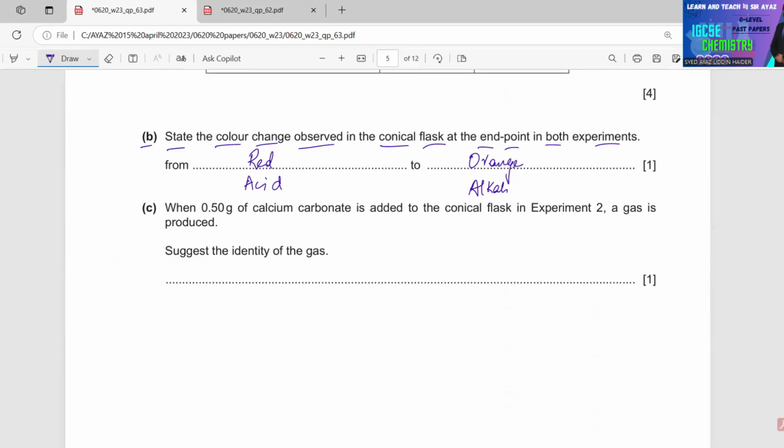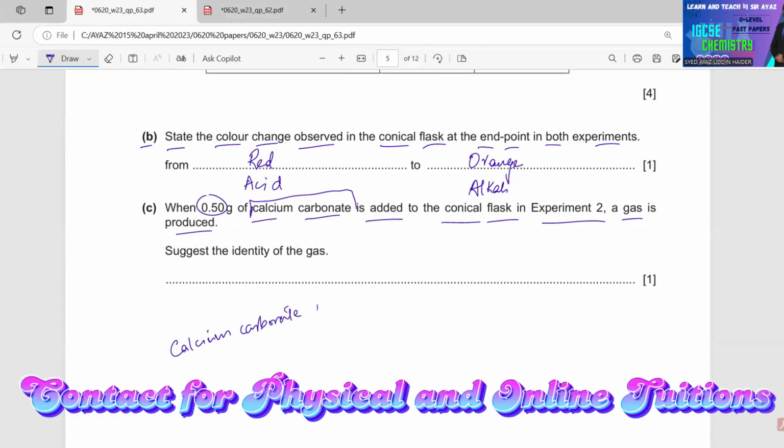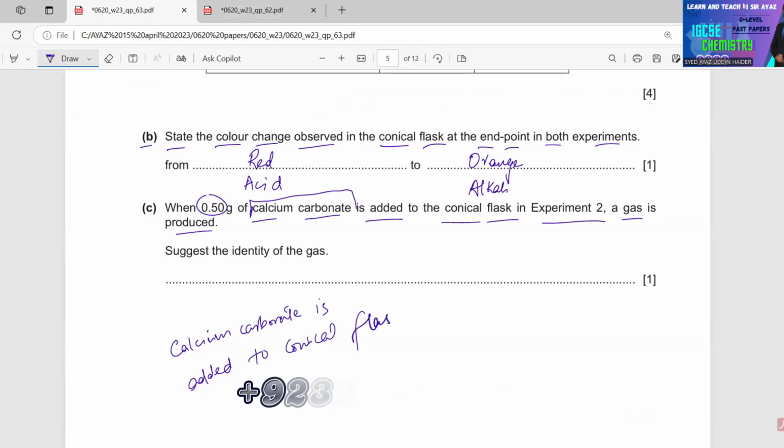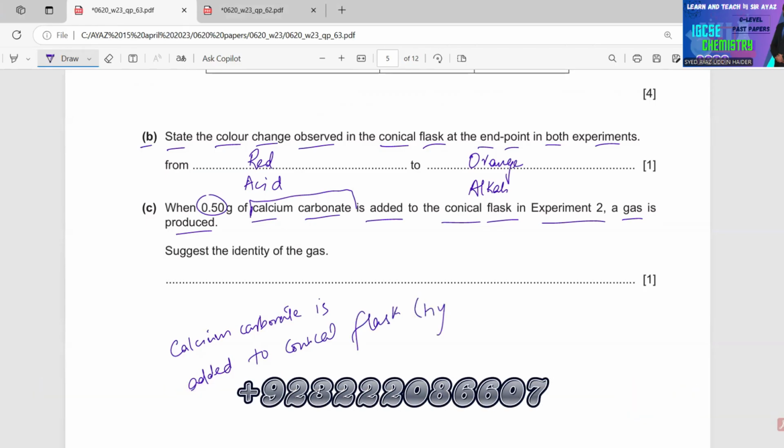0.5 gram of calcium carbonate is added to the conical flask in experiment 2. A gas is produced. You see, you have calcium carbonate, and when it's added to the conical flask, this conical flask contains hydrochloric acid.